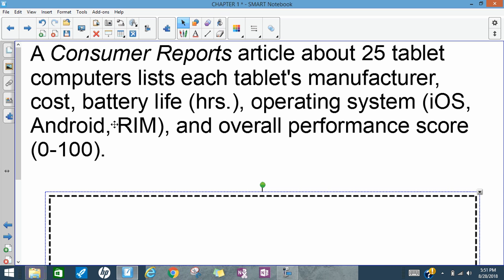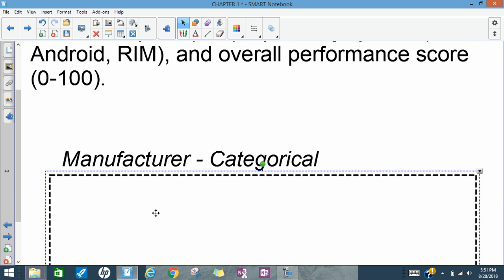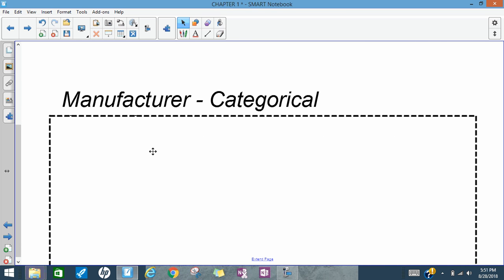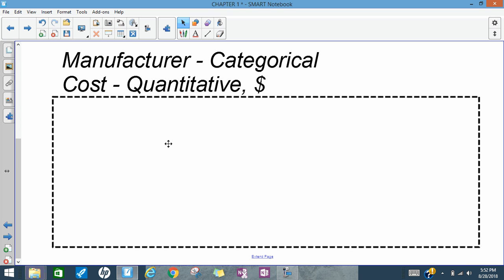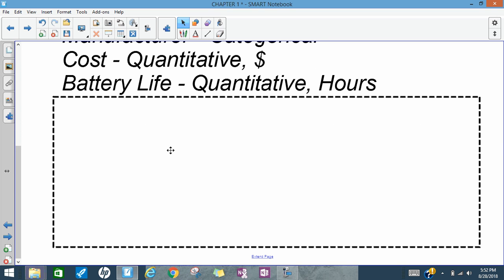So there are many variables that this Consumer Reports article talked about. The first one being the manufacturer, and that of course would be categorical. The person who manufactured the tablet would be one of the categories. The cost of the tablet, that's a quantitative variable because we can measure that in dollar amount. Battery life is also quantitative.